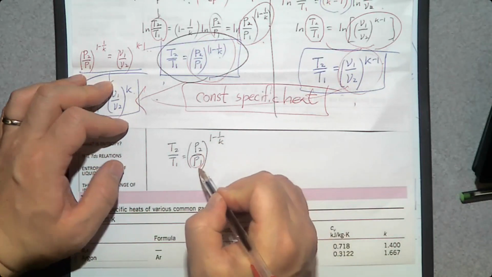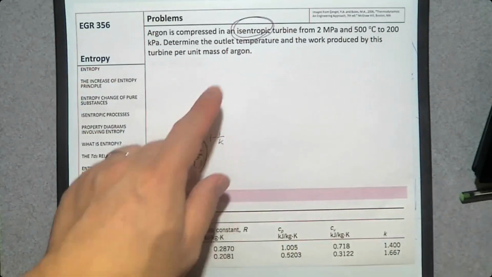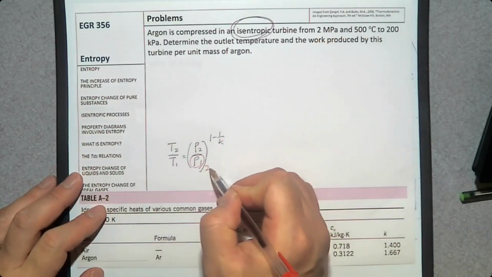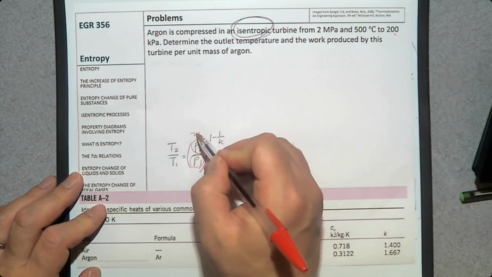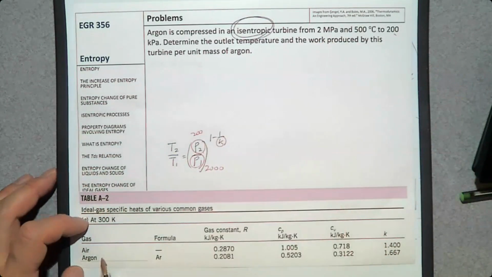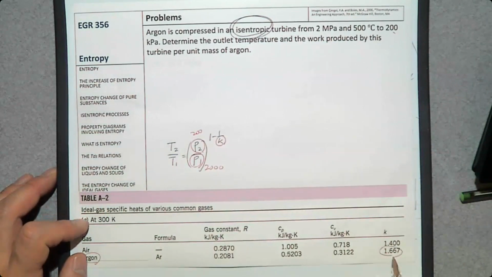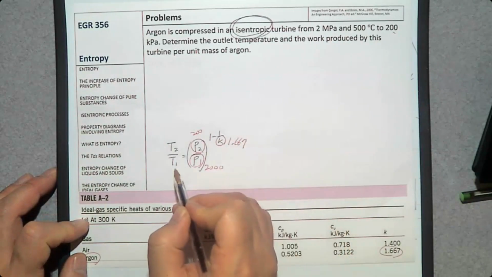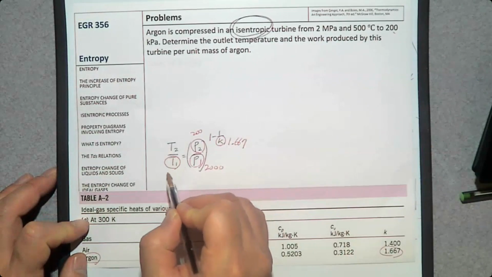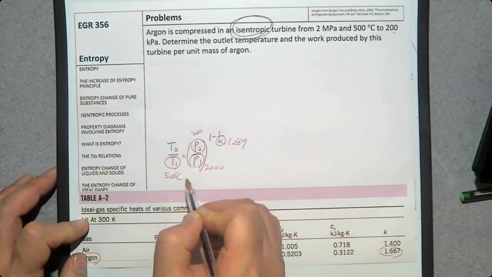Then what is P1? 2 megapascal, 2000 kilopascal. What is P2? 200 kilopascal. Kappa of argon is 1.667. The inlet temperature is 500 degrees Celsius.